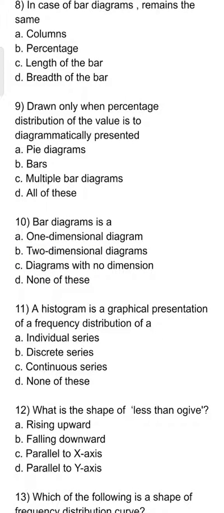Bar diagram is A one-dimensional diagram, B two-dimensional diagram, C diagrams with no dimension, या D none of the above। तो इसका आंसर है bar diagram is A one-dimensional diagram। A histogram is a graphical representation of a frequency distribution of A individual series, B discrete series, C continuous series, or D none of the above। तो इसका आंसर है C continuous series। Next, what is the shape of less than ogive?